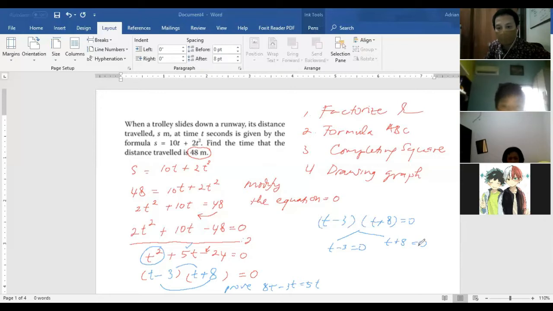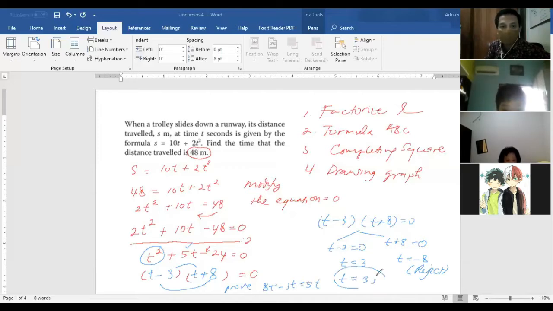So automatically you will find the solutions: t equals 3 seconds and t equals minus 8. But t equals minus 8 is not accepted. Reject this one. Why reject? Because there is no negative time. So you have to find the positive one. So the answer is t equals 3 seconds.